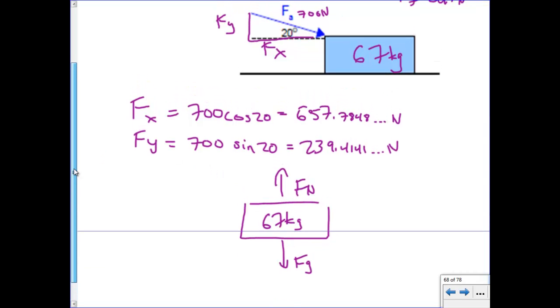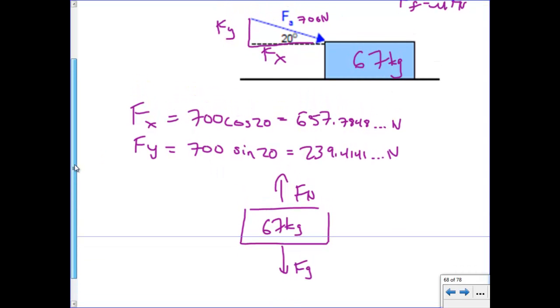Which force, though, is making the box go forward? I would say Fx is the actual force that's pushing the box that way. So I might label it as Fx is actually pushing the box forward. What is Fy doing? Pushing it down. Yeah, it's almost like you're pushing the box slightly into the ground.